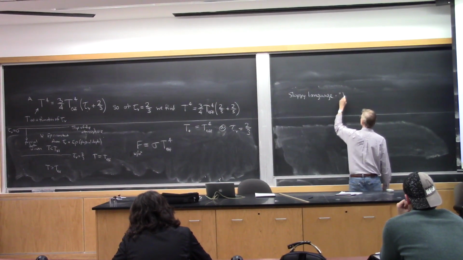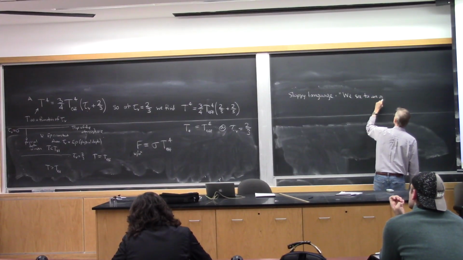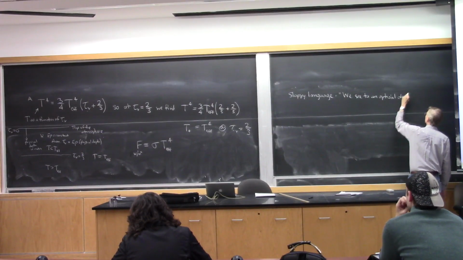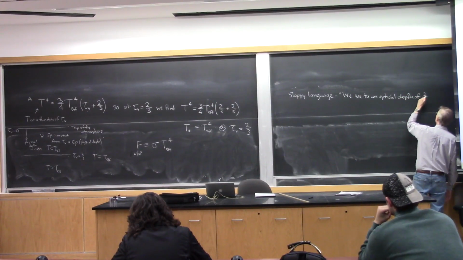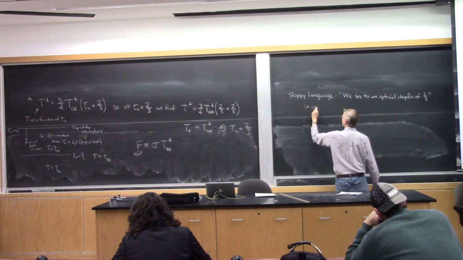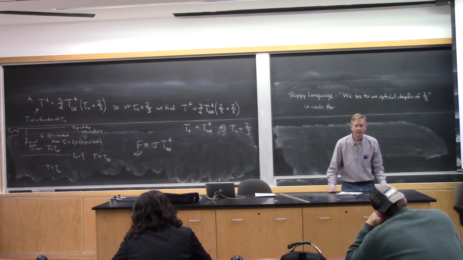Sloppy language, we see to an optical depth of 2/3, is code for, right? It's like, you know, we're the people that know. What's the word, cognoscenti or something like that?